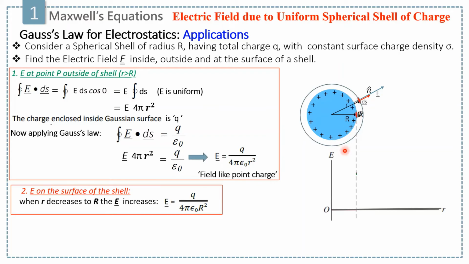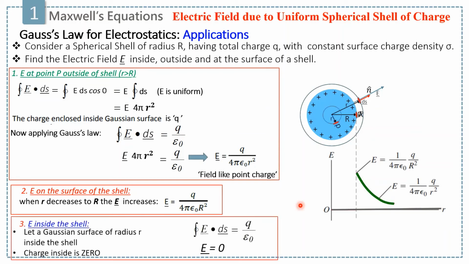And that we can see in the graph here, where the variation of the electric field with respect to the distance from the center, or in the first case, up to the distance of the surface, looks like this, where you can see the electric field is maximum at this point, and that point is the point at the surface. Whenever you go away from the surface, you can see the electric field decreases.